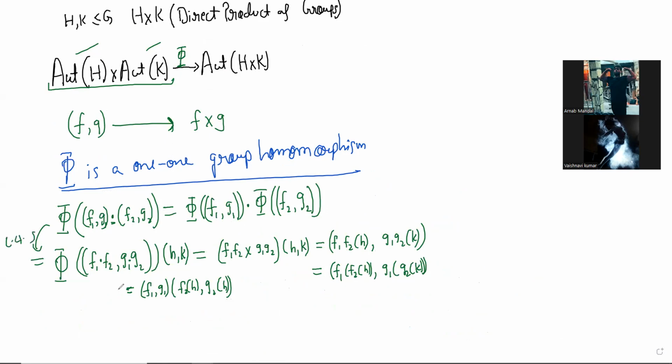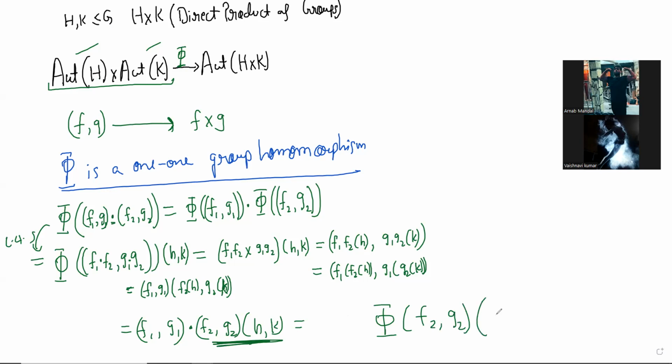Okay. And then what is this? Well, this is f1 g1 that you already wrote. This is f2 g2 applied on h comma k. This is k. Right. Now what is this? This is phi of f2 g2 applied on h comma k.